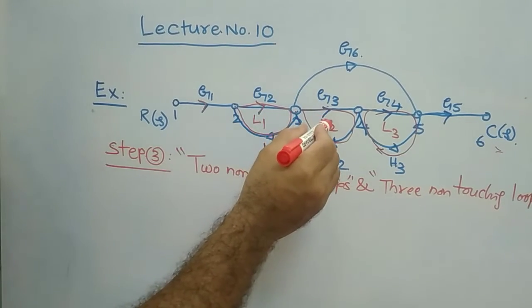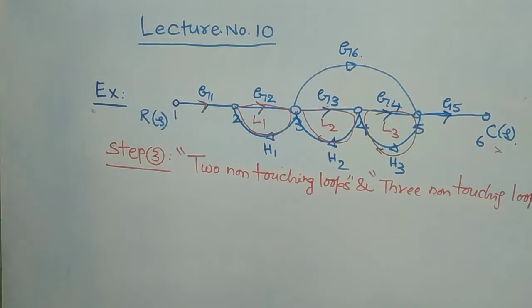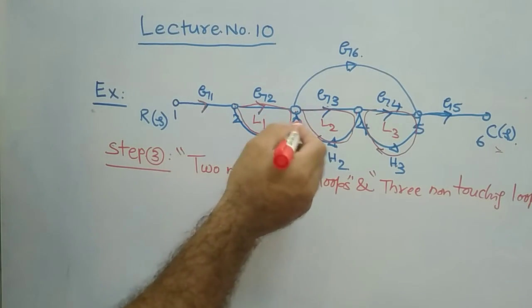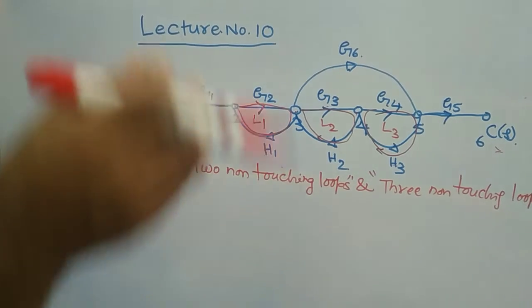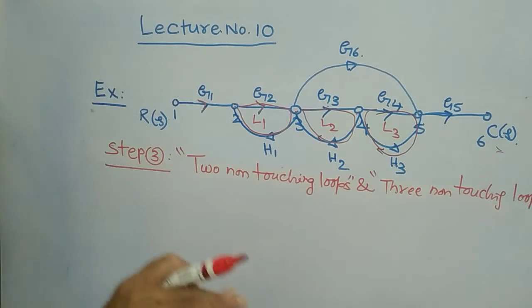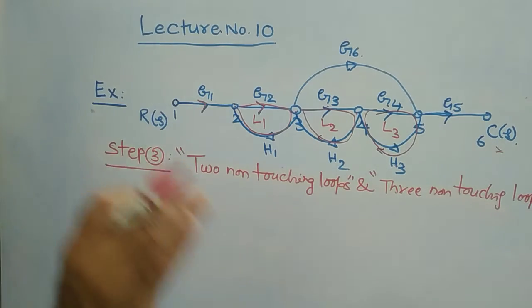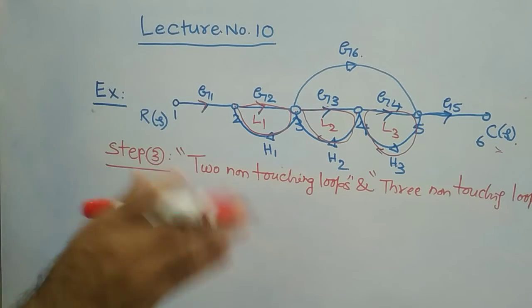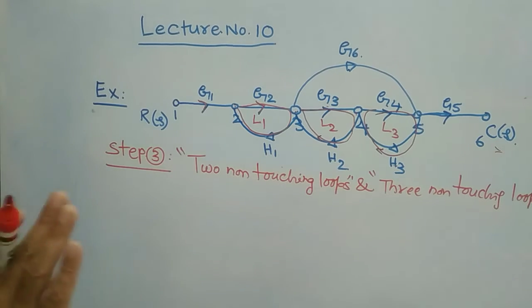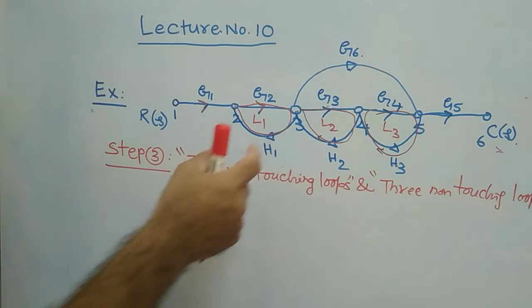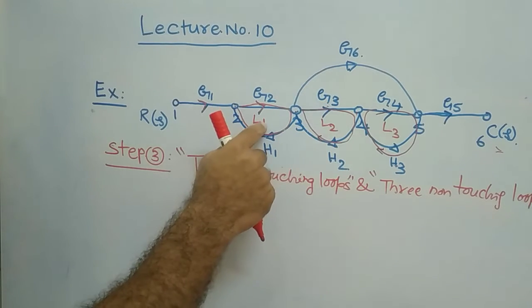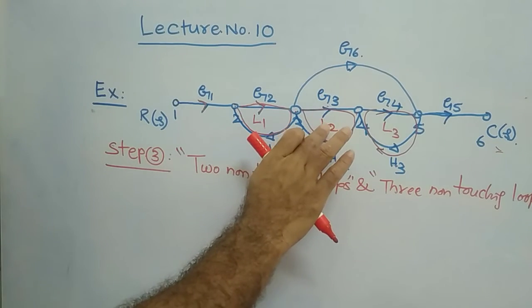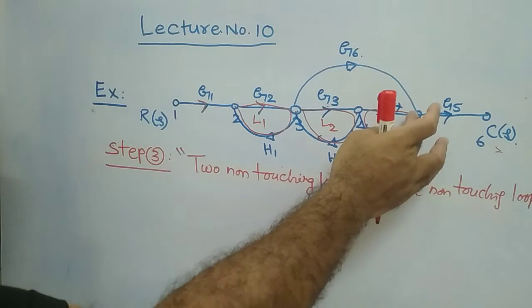If you consider the second loop, these 2 are touching. Therefore, these 2 loops should not be considered for this case.